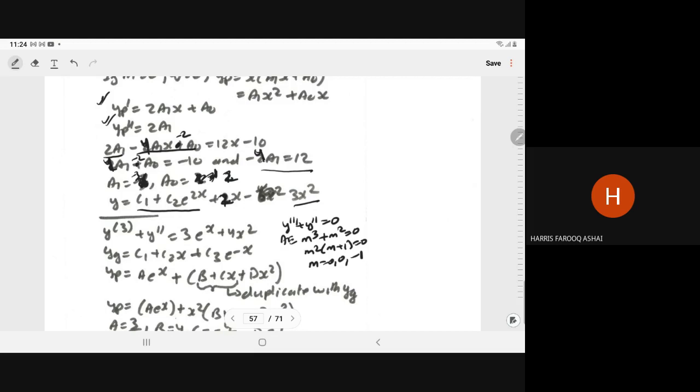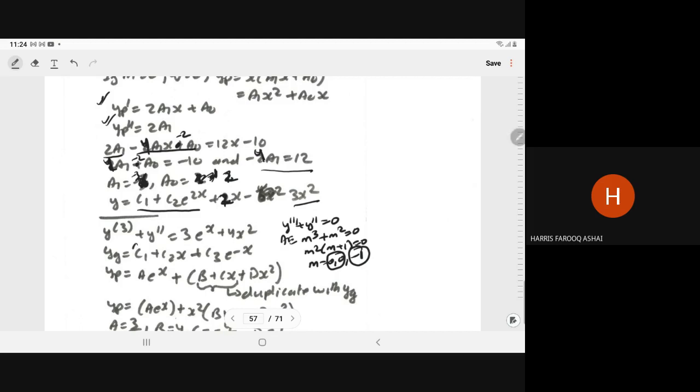So due to this, here we have the double root 0, and here we have the root minus 1. So what will be the root? Due to the 0, 0, what will be the value?